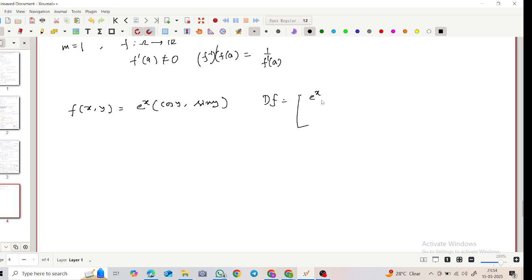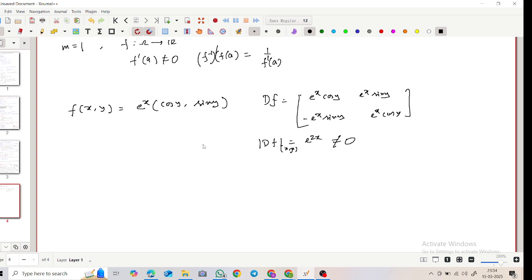It is e to the power x cos y, then e to the power x sin y, then below, minus e to the power x sin y, then e to the power x cos y. So the Jacobian is e to the power 2x. So df at any point x comma y becomes e to the power 2x, which is always non-zero. So this is a function.